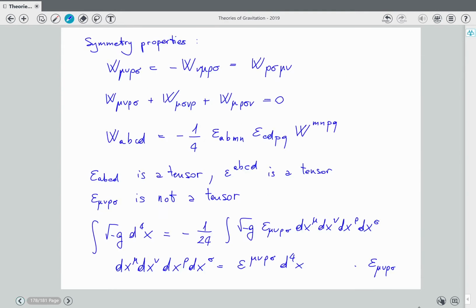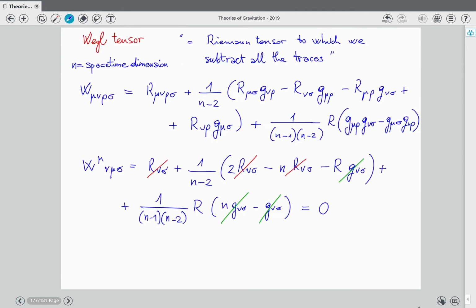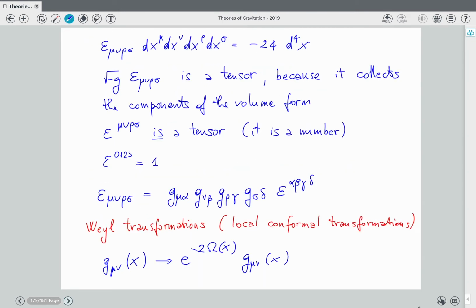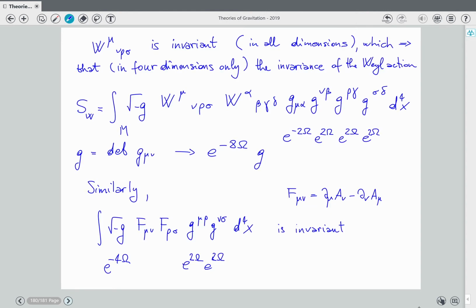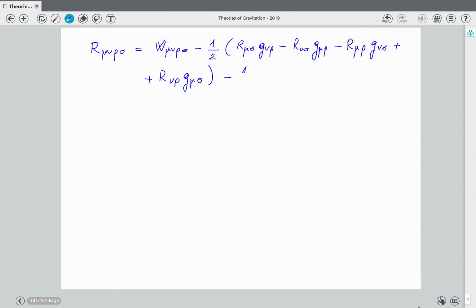And then we have minus 1 divided by 3 times 2, with minus 1/6 R, G mu rho G nu sigma minus G mu sigma G nu rho.